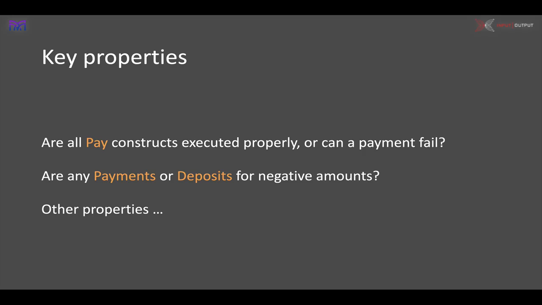And other properties, perhaps specific to a contract, we could imagine. Does it always result in more money being paid to person one than person two, for example? We can check anything that we can state about the form that payments take, for example, should in principle be checkable.